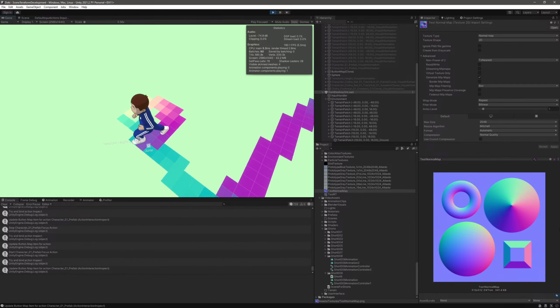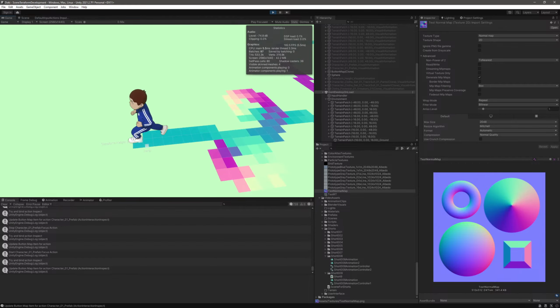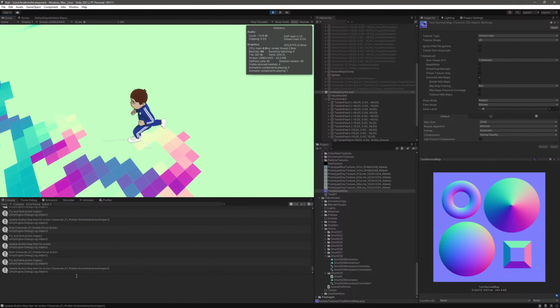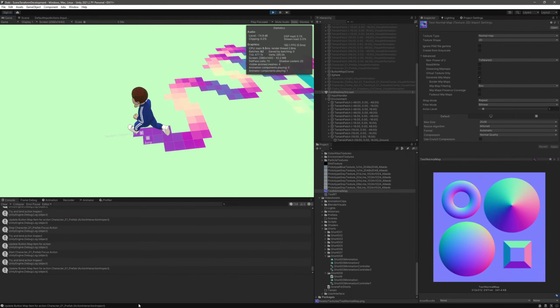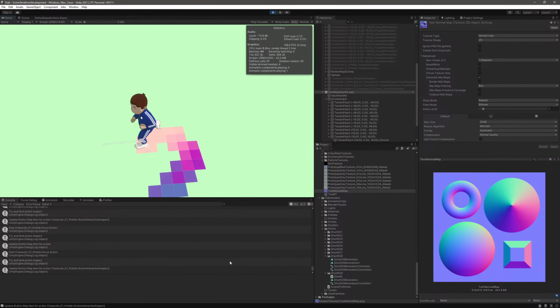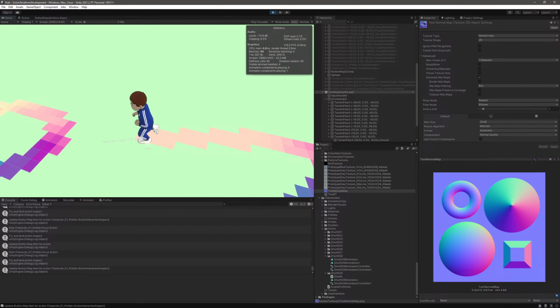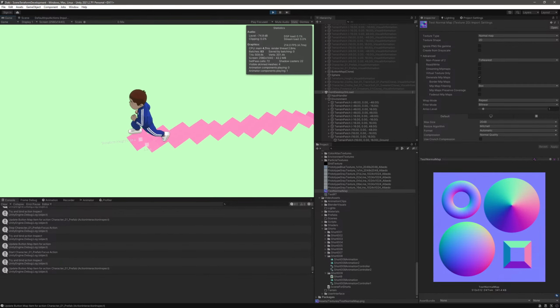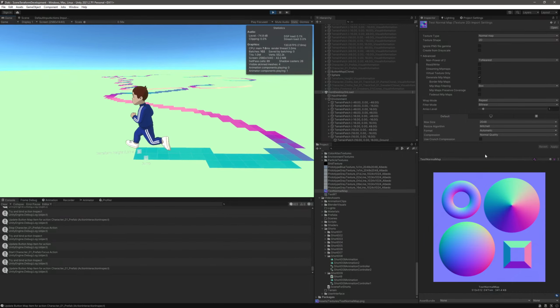So now we have the normal in tangent space, but we can probably, we don't need to package it in tangent space, I don't think. It would be okay with world space as well.